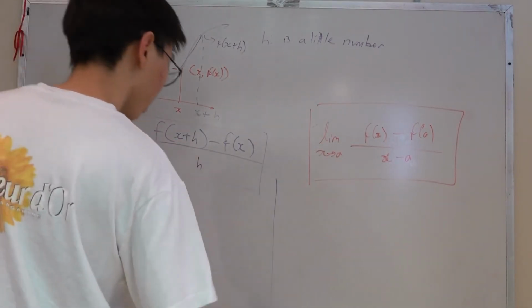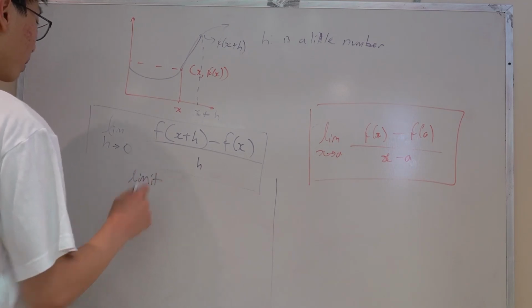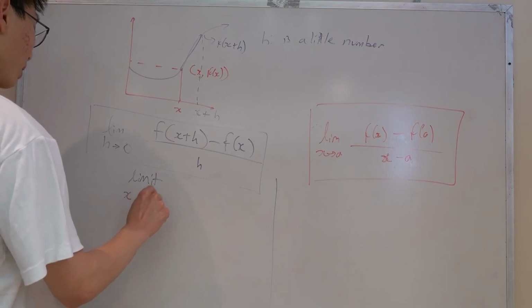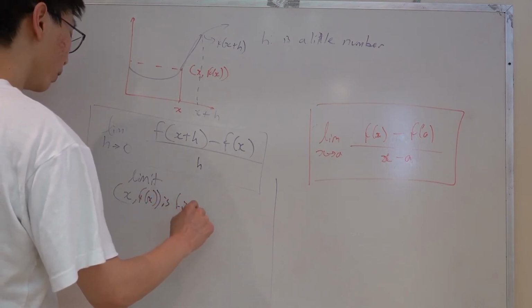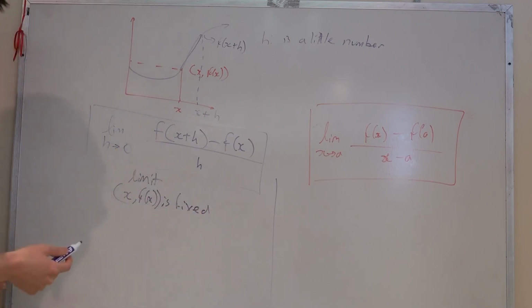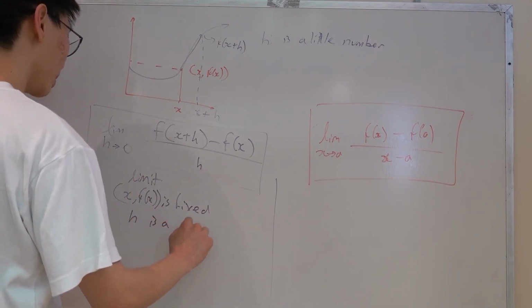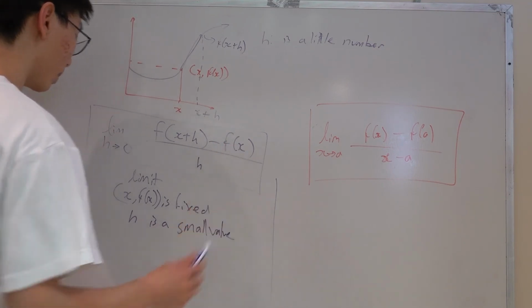Okay. So here what we have is a limit, right? And what we notice is that x, f of x, is fixed. That means it doesn't move while I'm trying to evaluate the limit. But h is a small value, right?